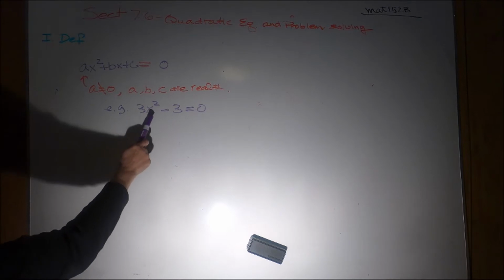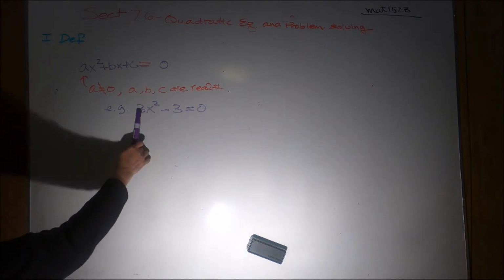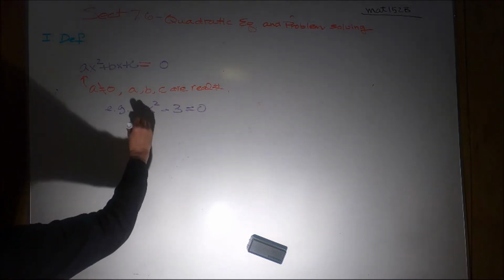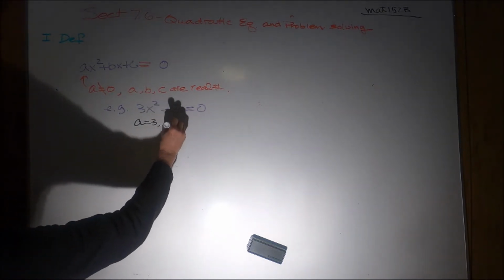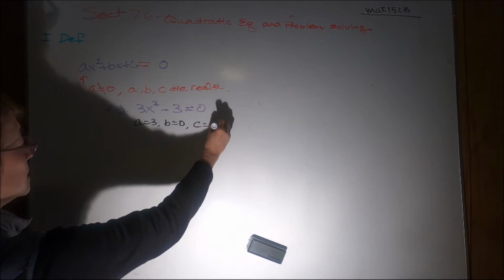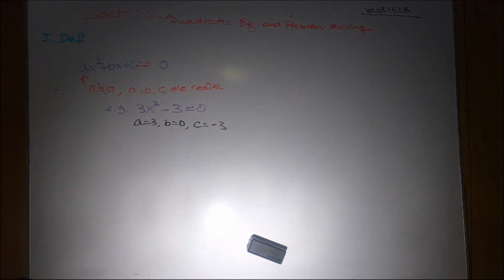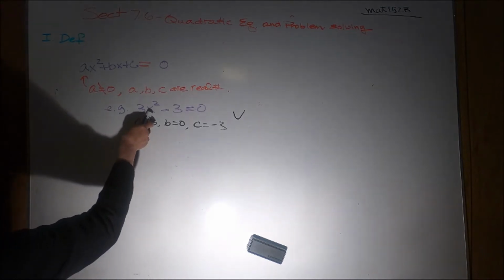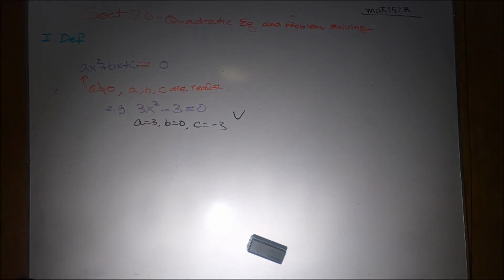Is this a quadratic equation? What's your a? 3. What's your b? 0. What's your c? -3. Is this a quadratic equation? Yes, because you have x squared there. As long as for x you have a square, we call it what?